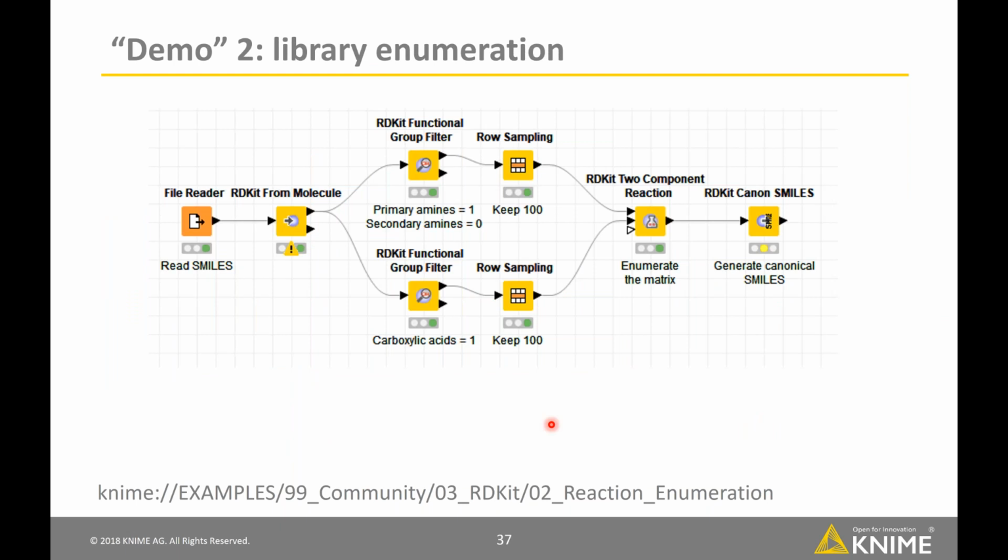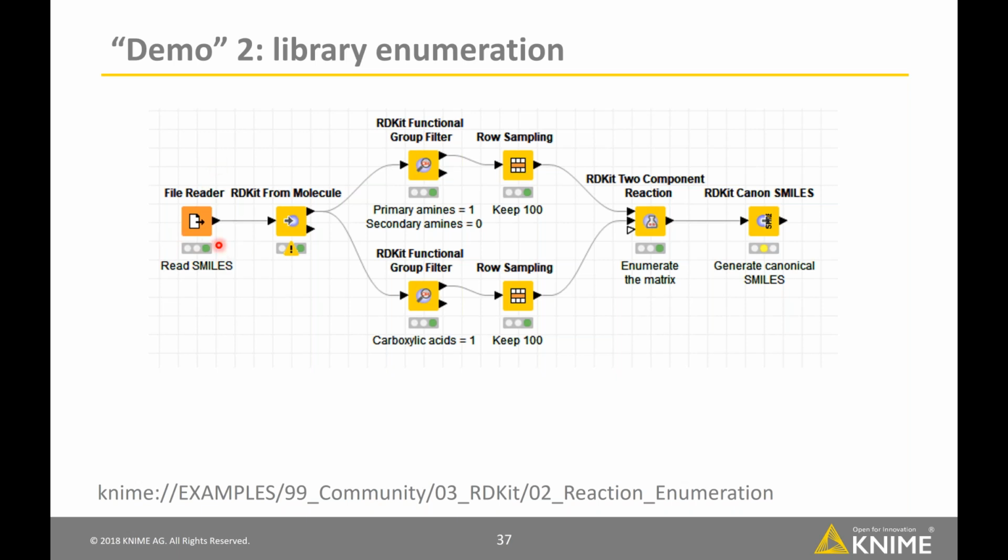Demo number 2 is a typical chemistry problem. This is library enumeration. This is also taken from the public example server. In this particular case, what I want to do is enumerate a set of compounds where I'm forming amide bonds. The workflow goes here.